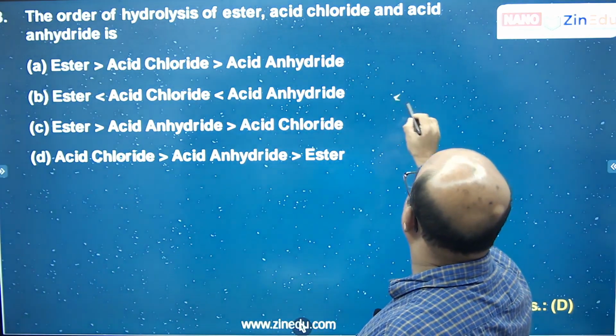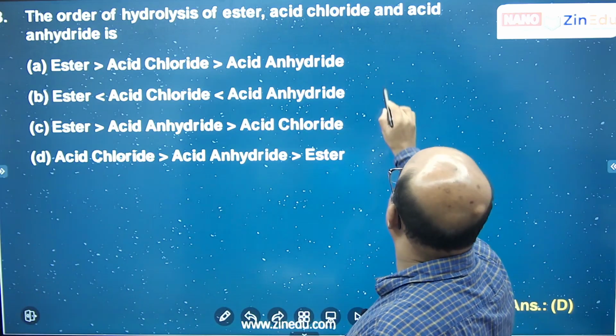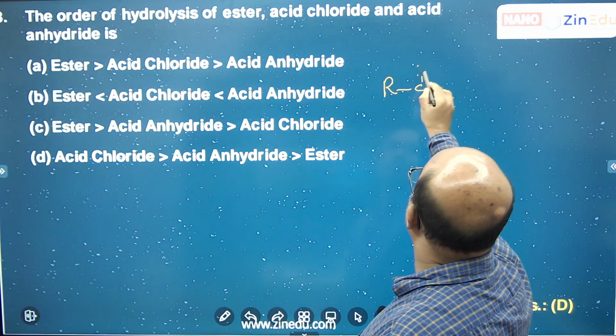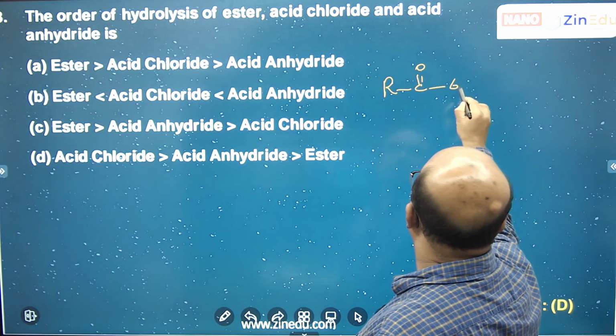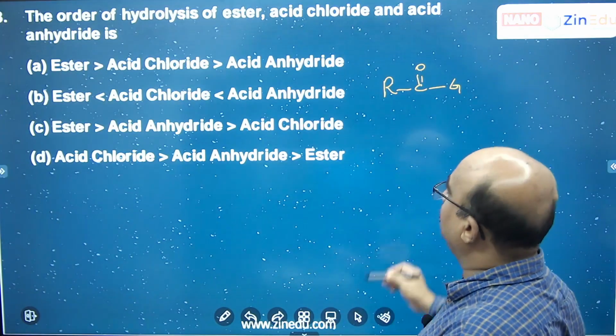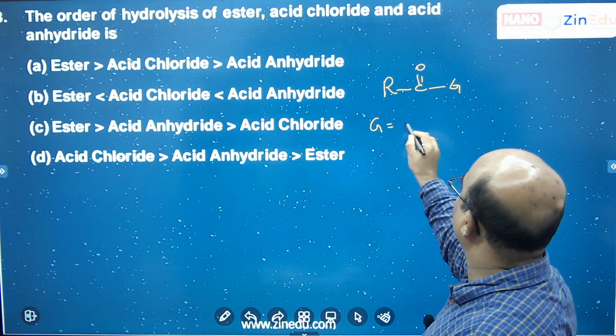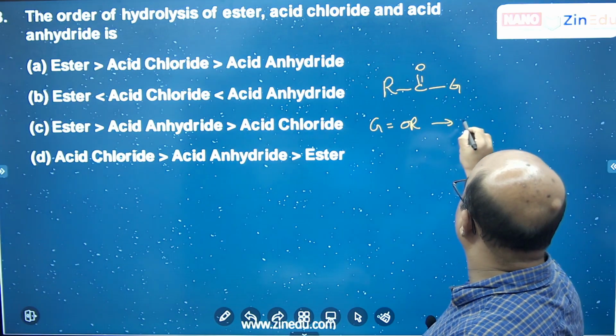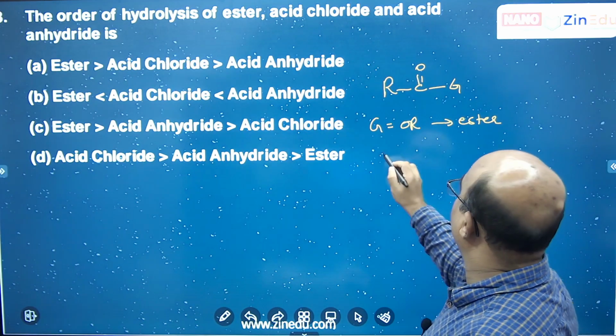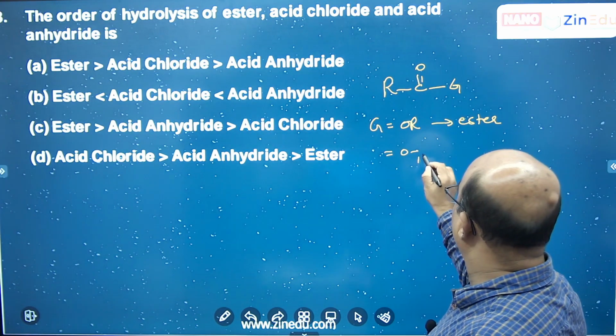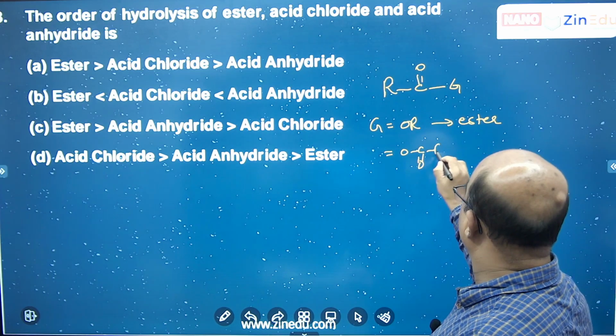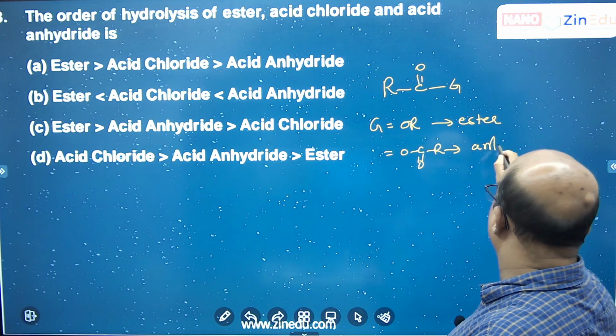So, RC double bond O G. Let us say if G is OR, then it is ester. If it is OC double bond OR, then it is acid anhydride.